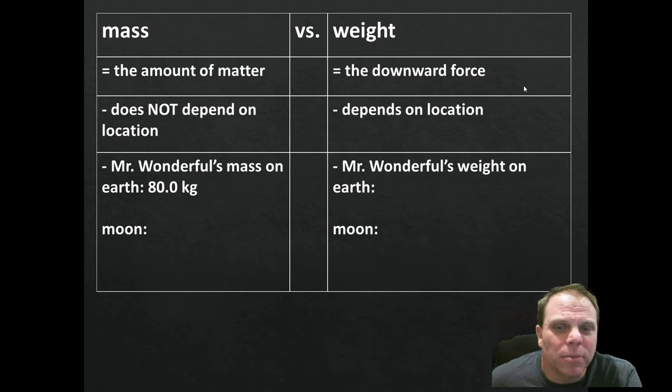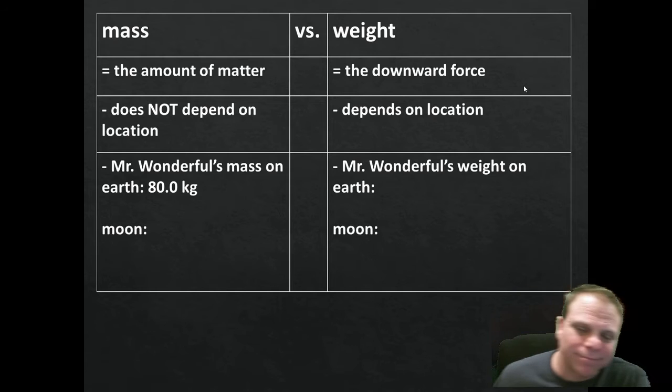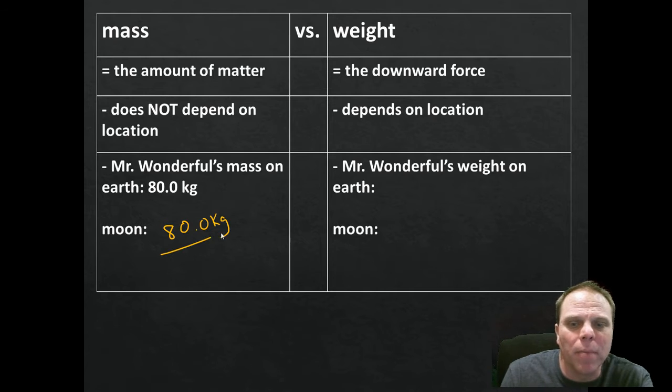So if we were to do some calculations and say, hey, what's Mr. Wonderful's mass on Earth? If it's 80 kilograms on Earth, what would it be on the moon? It's still 80 kilograms, okay? So the mass doesn't change with location. But if Mr. Wonderful's weight on Earth were 600 newtons, all right, that's not the same as 80 kilograms, by the way.